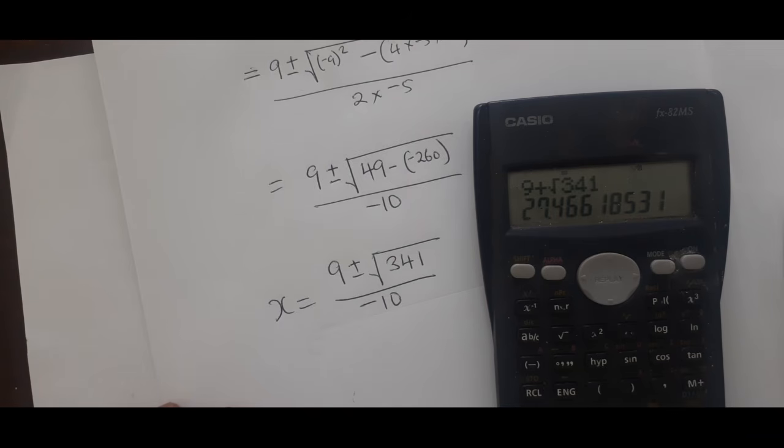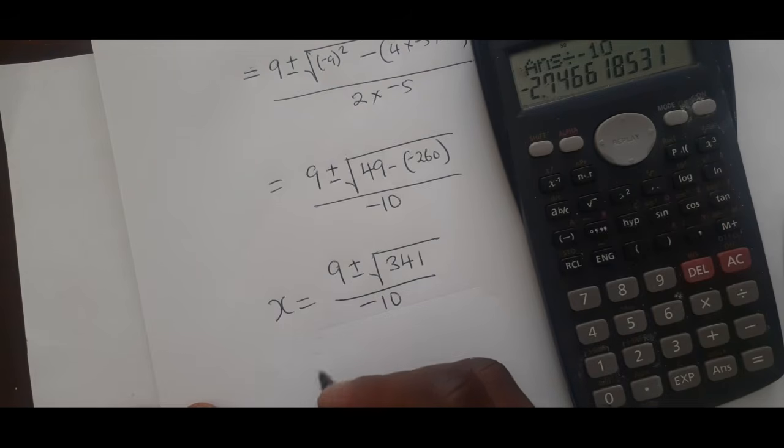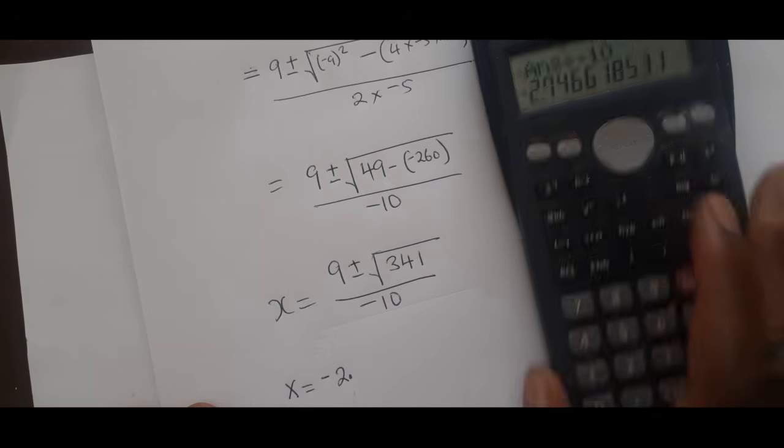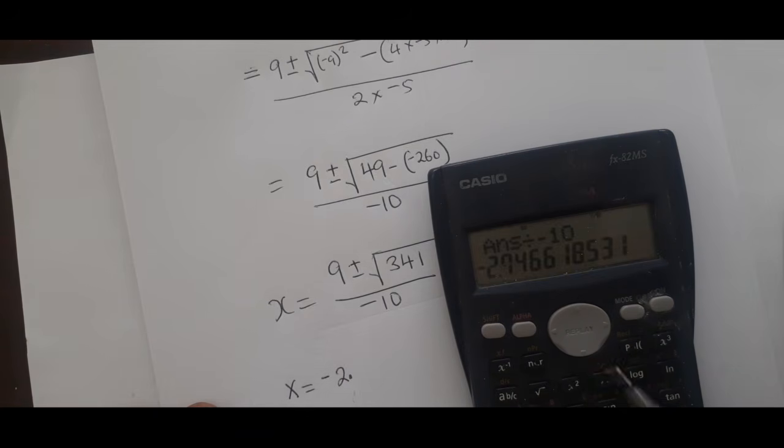Then you divide this one by negative 10. What do you get? x is equal to negative 2 point. Remember the question said we round off to 2 decimal places. But it is advisable in the exam that first, in case you make a mistake, you write this whole thing in full.